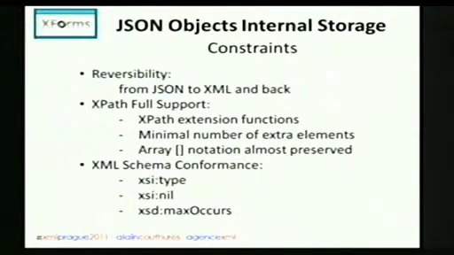The purpose, the main purpose, the first one, is from JSON to XML and back. It's not XML to JSON. You can do many things with XML, you cannot do easily with JSON. The second point is more specific with this context.